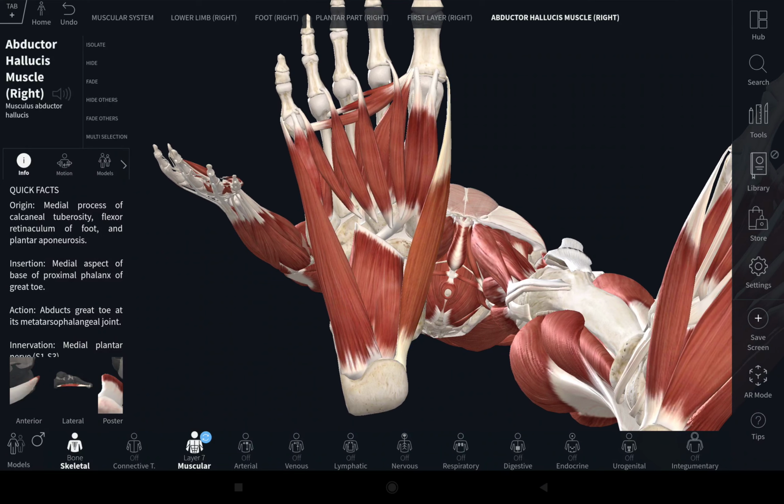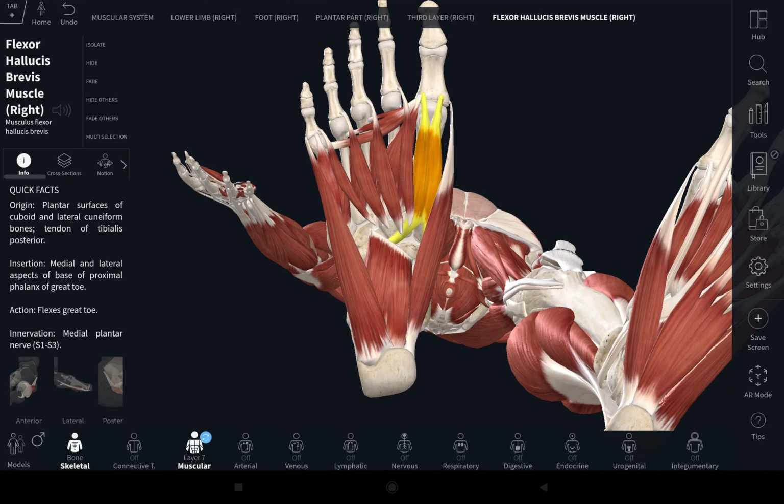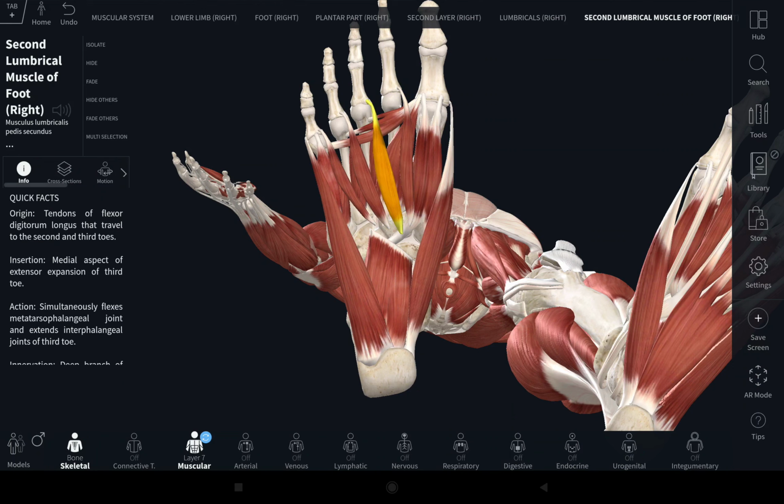Look carefully. Now the muscle is the flexor hallucis brevis muscle. The next muscle besides the flexor hallucis brevis is the first lumbrical muscle. This is the first lumbrical, the second, the third, and the fourth lumbrical muscle.